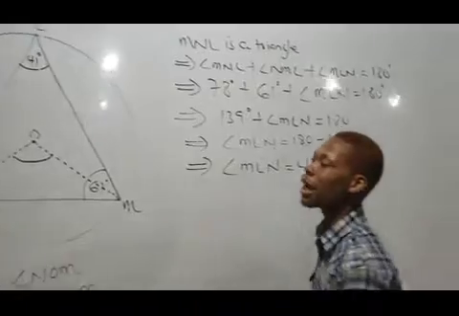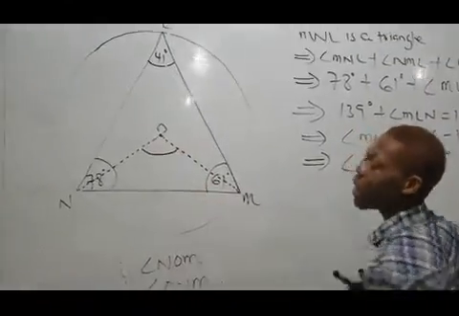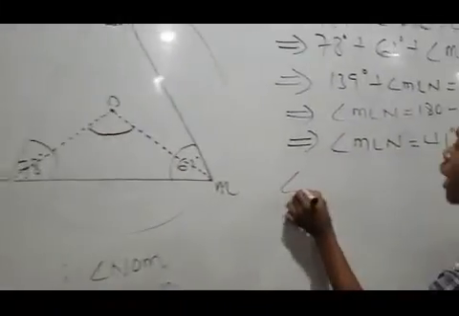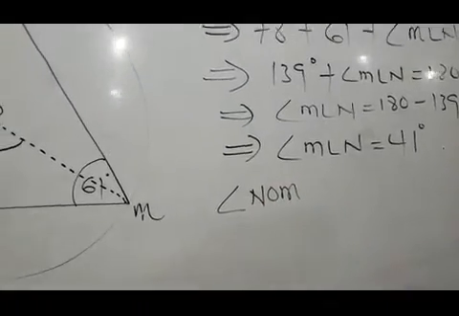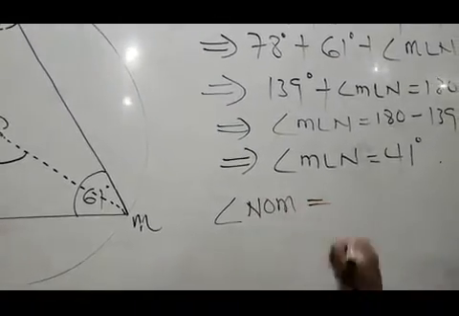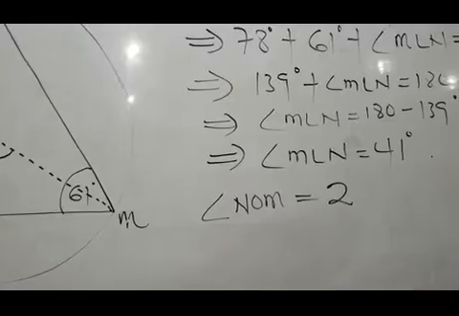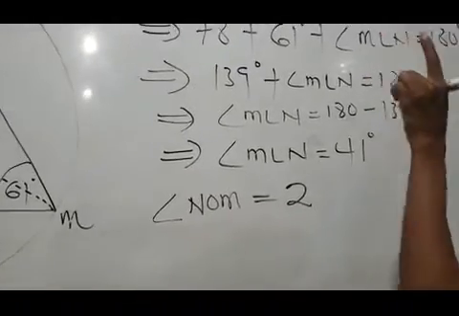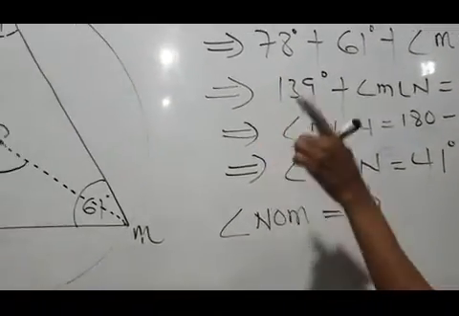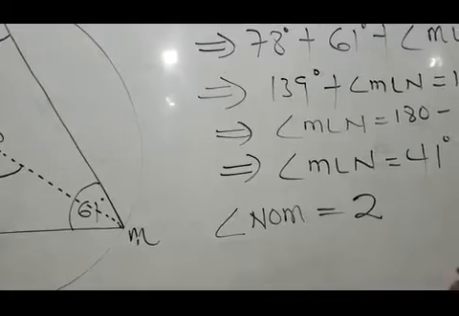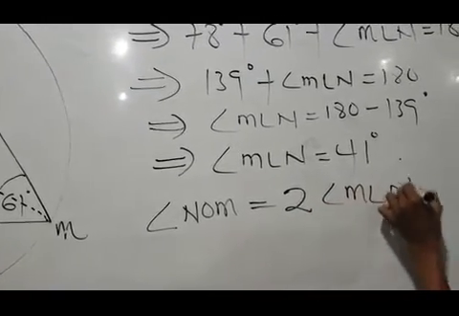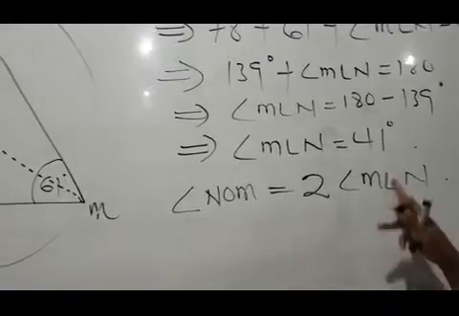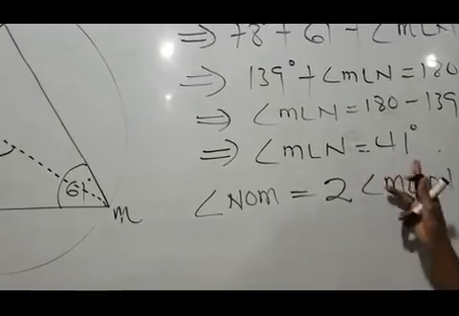So which one is the angle at the center? The angle at the center is O. So the angle at the center, angle NOM, is twice the angle at the circumference. The angle at the circumference is what we just found, angle MLN. So it's twice angle MLN. MLN is 41 degrees.